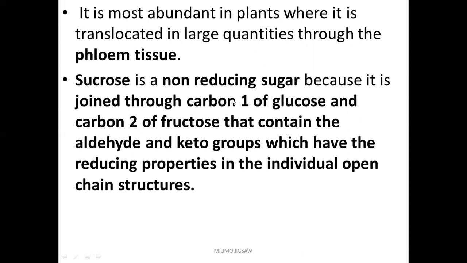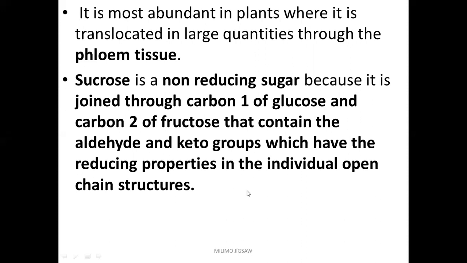Now we find that the glycosidic bond happens between these two carbons, which means that these groups have been involved in the formation of that glycosidic bond, and hence it makes sucrose a non-reducing sugar.